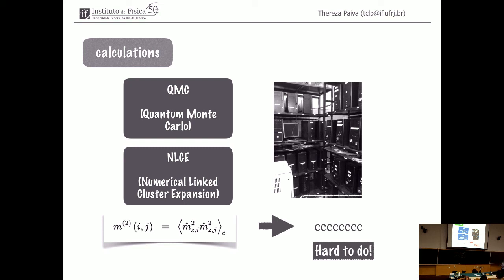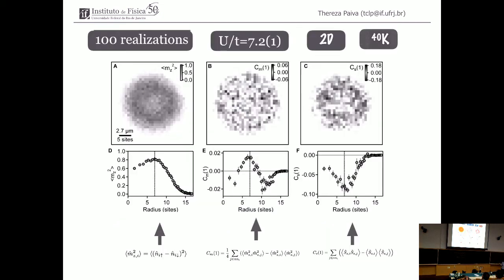The things we calculate here are more or less standard in quantum Monte Carlo calculations, apart from local moment correlations, which involve eight operators C, and they are hard to code and hard to get statistics good enough so we can actually see what's happening at lower temperature. But it's hard, but it's doable, and we just did that.